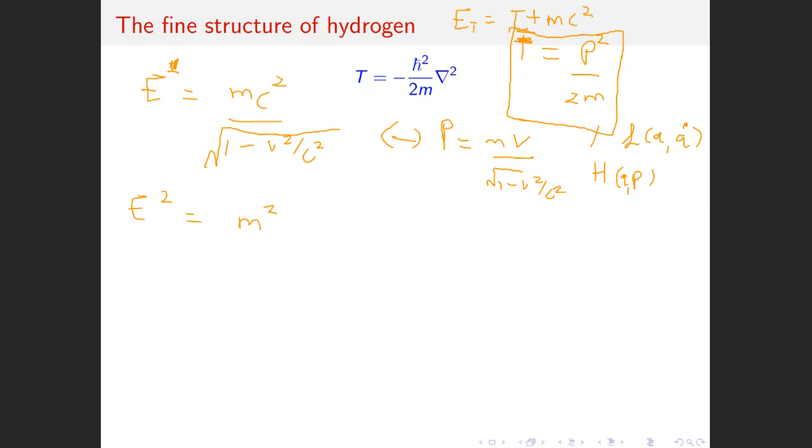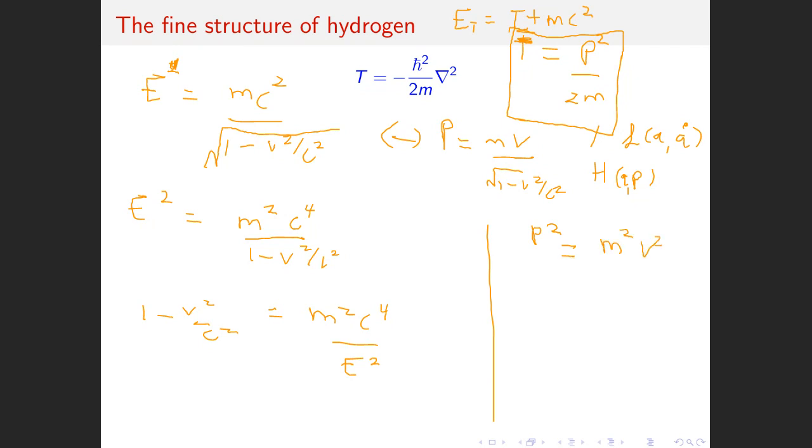So you get E² equals m²c⁴ over 1 minus v²/c². Solving, 1 minus v²/c² gives you m²c⁴ over E². Similarly, if I square p, p² gives you m²v² divided by 1 minus v²/c², and you have already solved for that from the expression for E, so this gives you m²c⁴ over E².